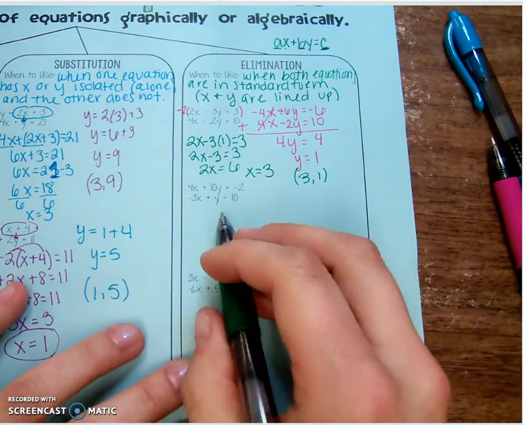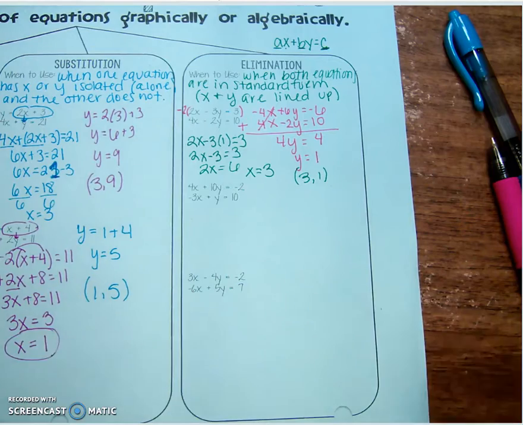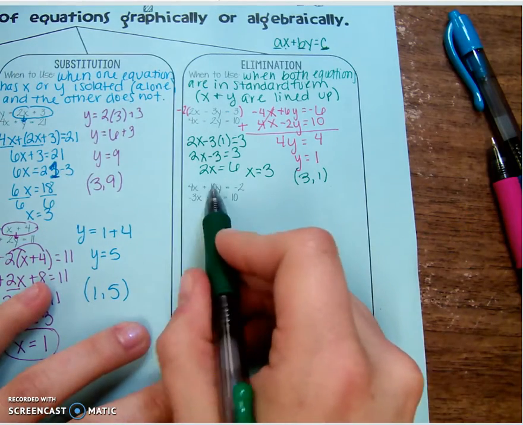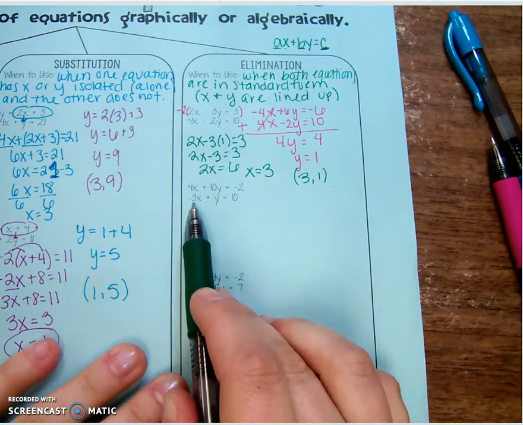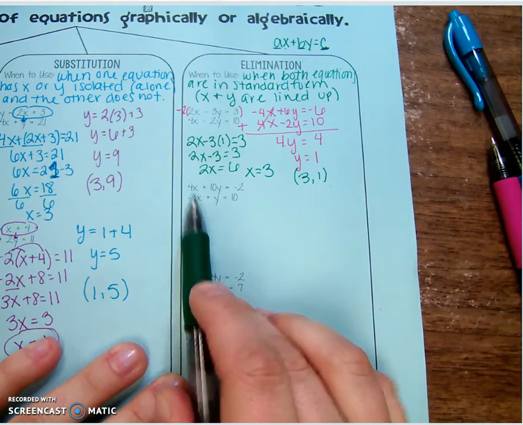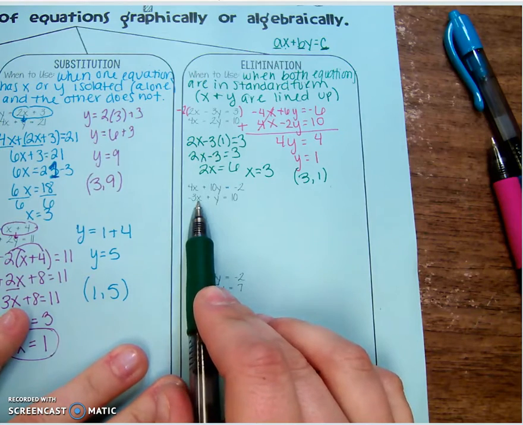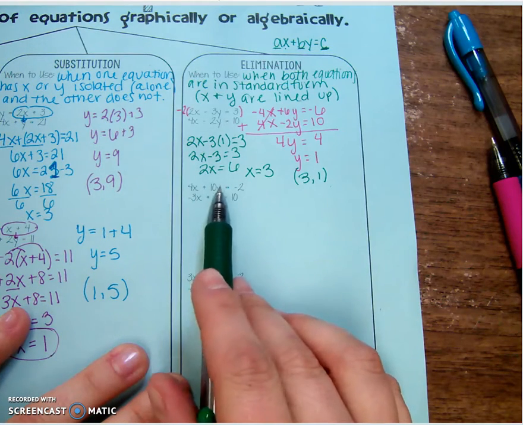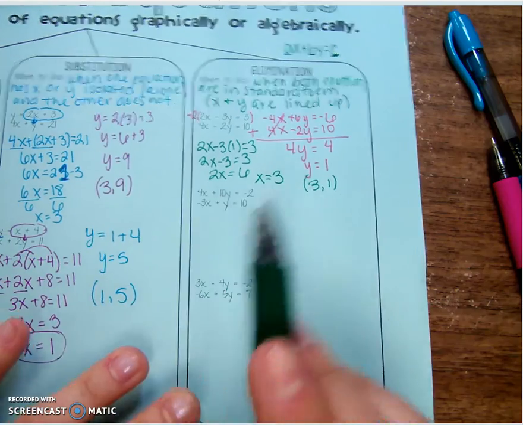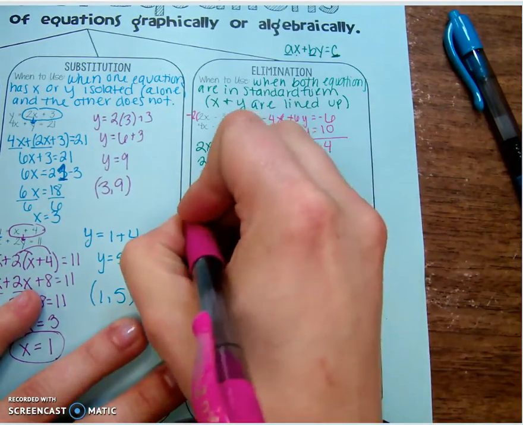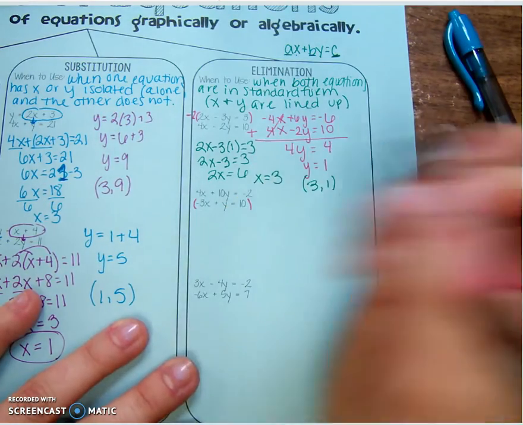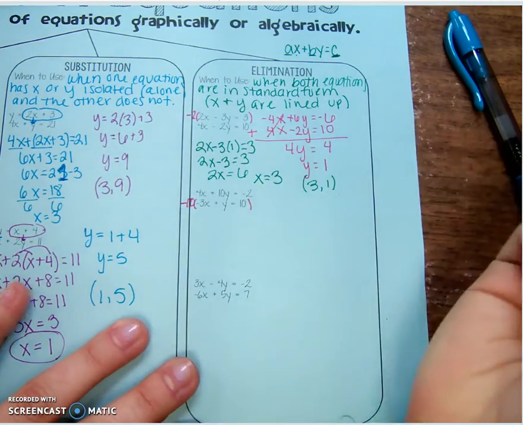And then the next one, I have nothing that I can easily cancel out. If I was going to make these x's the same coefficient, I would have had to multiply both. I really don't feel like doing that. Instead, I can easily turn this y into a 10y, and I really want it to be a negative 10y so that they're opposite signs. So I'm going to multiply the whole bottom by negative 10.